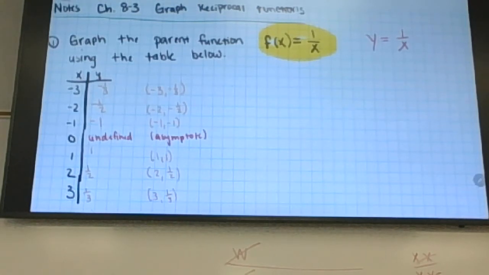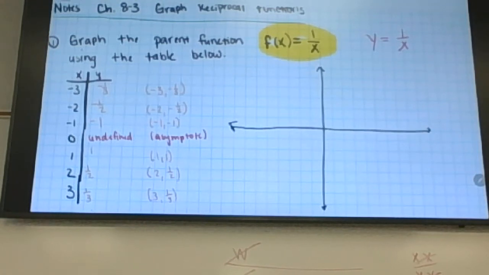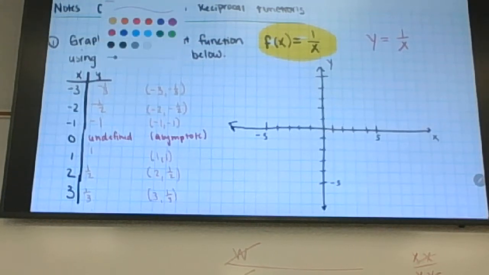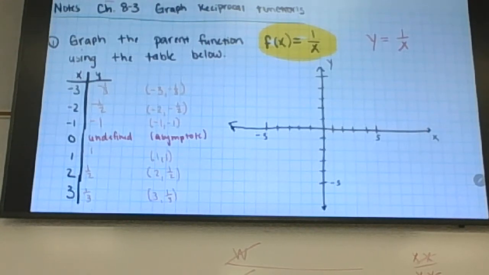Numbers are kind of a bummer, all these fractions. So with these 3 points, you're not able really to get a good graph.